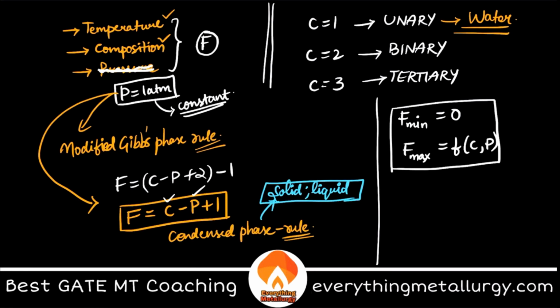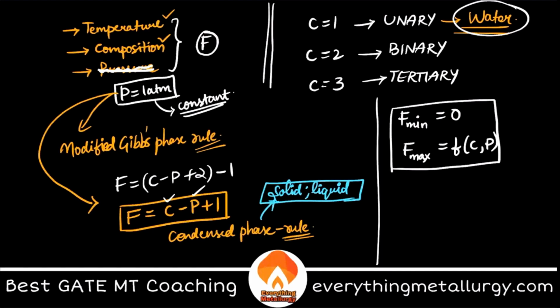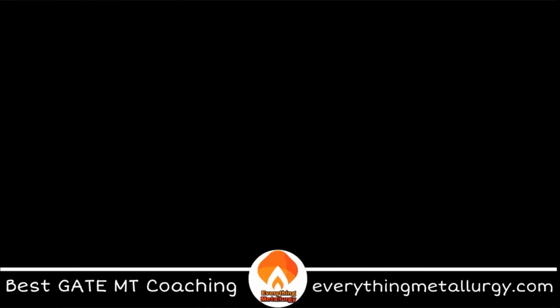Okay. Now, we have discussed water. So let me try to apply this particular rule, the Gibbs phase rule, to that system, which, as I told you, is an example of a unary phase diagram.